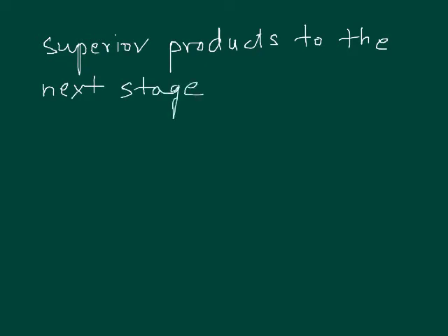So if you follow the way the PDCA cycle is supposed to work, then you'll get a good product from the process, and then you can deliver it to the next stage.